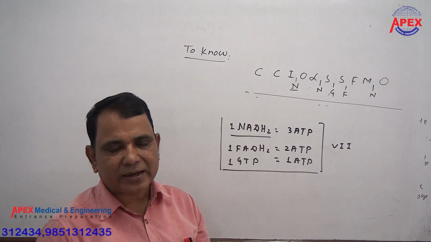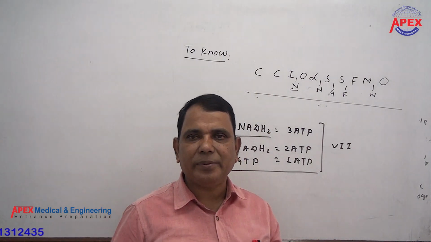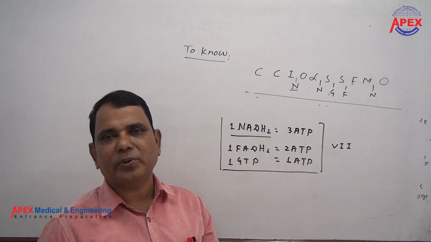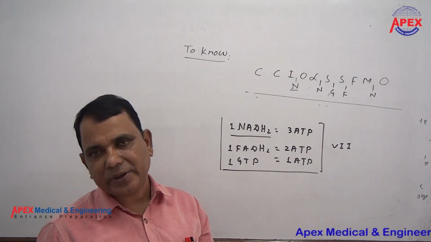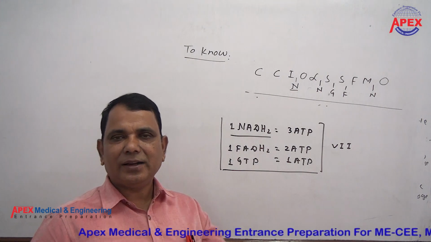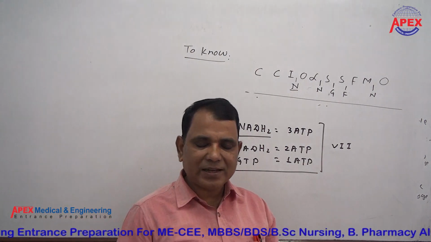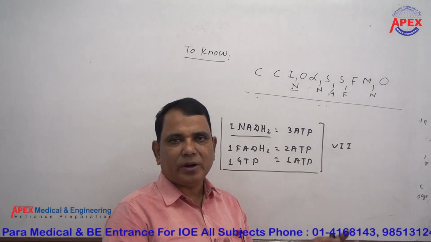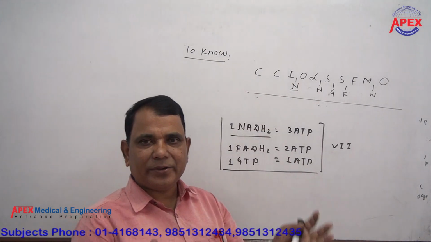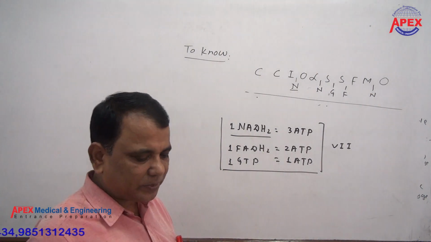What is Krebs cycle, what is the production of ATP, what are the number of production of NADH2, FADH2, GTP, and how to calculate all that, I am going to start, okay? So symbolic to know मा मैले पढाएँ धेरै कुराहरु हैन, यस्ता याद राख्नु पर्छ, okay.